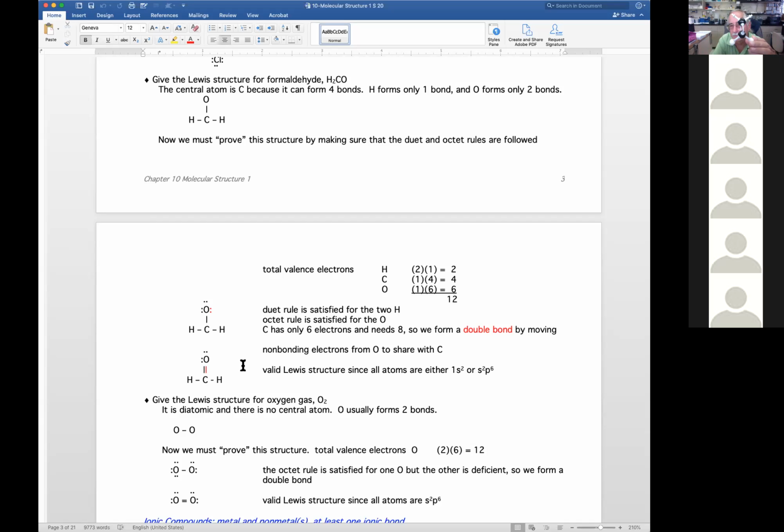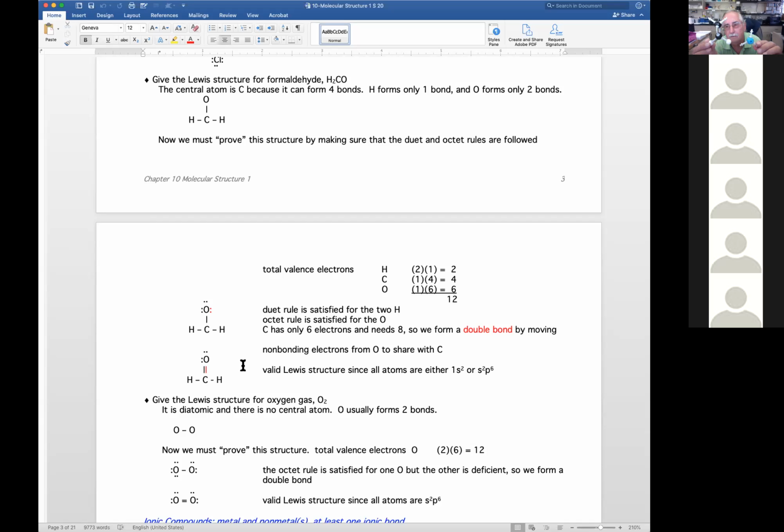Now look at the shape right here. I'm giving you a preview of what we'll do next. I got 1, 2, 3 regions where I see electrons. These 3 regions are going to repel one another. And when I do that, I can see that the shape of this molecule is this.